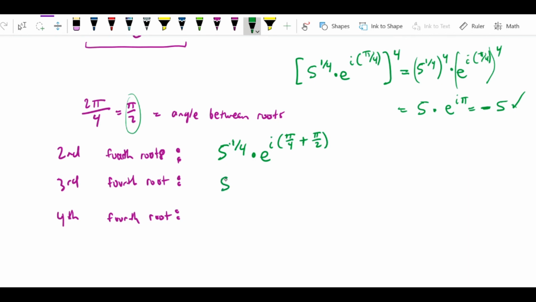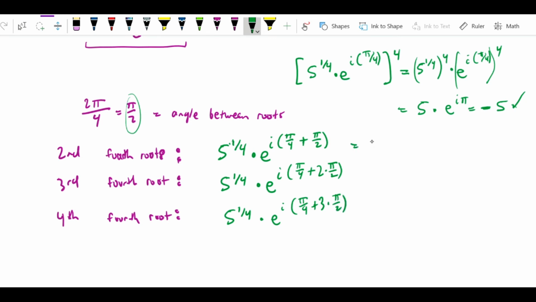This one is going to be, again, the same radius, 5 to the 1/4. It's going to be e to the I pi over 4 plus 2 times pi over 2. And this one is going to be 5 to the 1/4 times e to the I pi over 4 plus 3 times pi over 2.